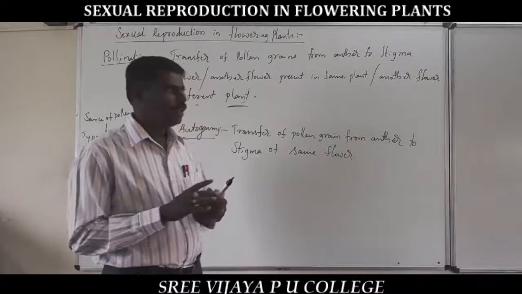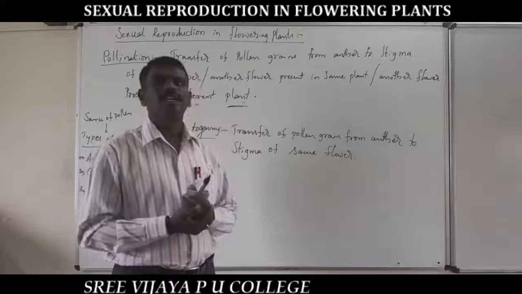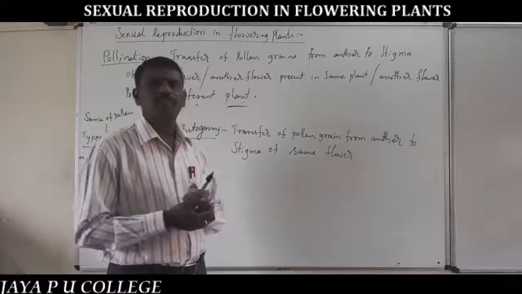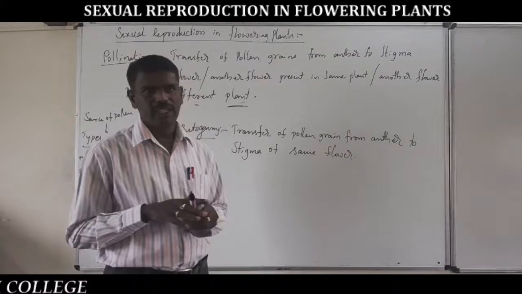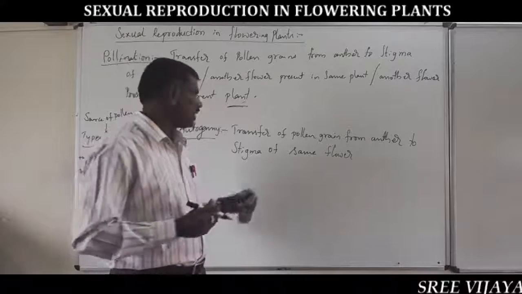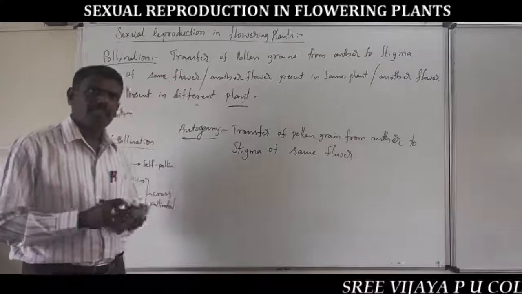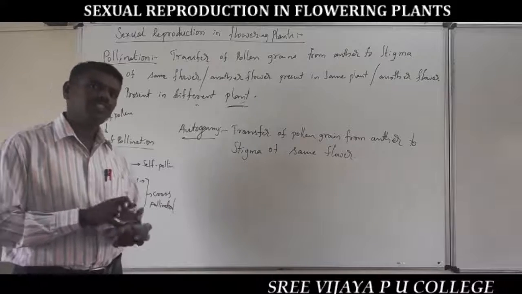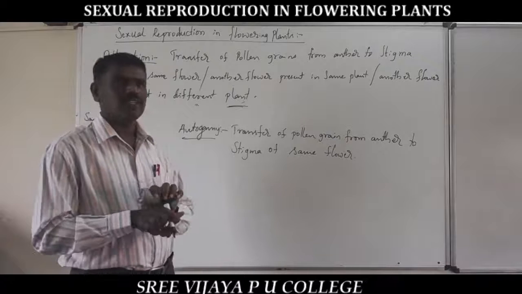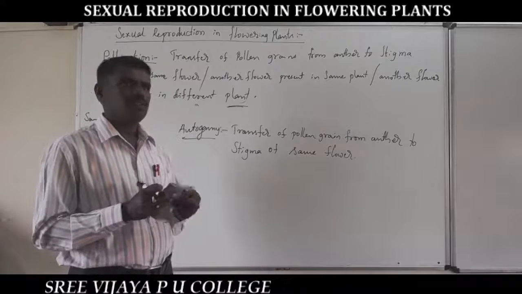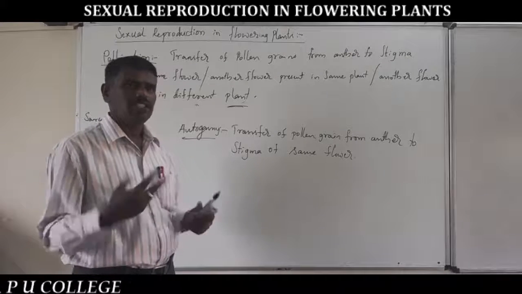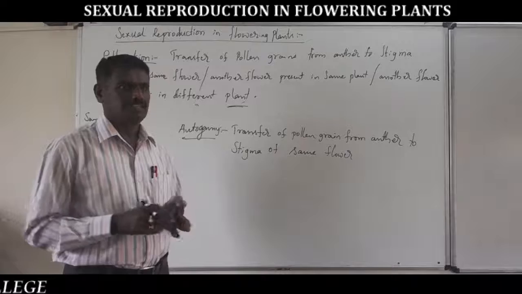Otherwise, the varied length of style and stamen also make it not easy. We discussed those as outbreeding devices. As well, autogamy occurs in flowers in which the sex organs are exposed.